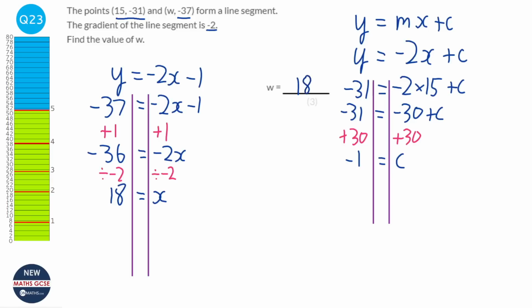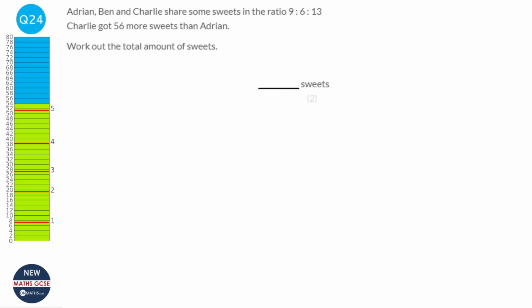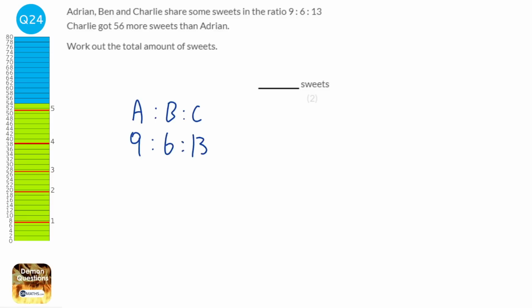So w is 18. So this question says that Adrian, Ben and Charlie have some sweets and the ratio of Adrian to Ben to Charlie is 9:6:13. But it also says that Charlie got 56 more sweets than Adrian.